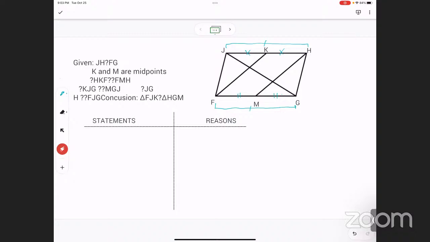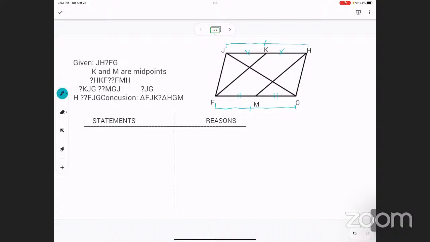I want to say there's a property that says if two segments are congruent and you divide them equally, then the resulting segments are congruent. Yeah, it's division. So that's going to be the division property, but I'm not putting it here yet because they didn't tell us that. We can prove that with the division property.